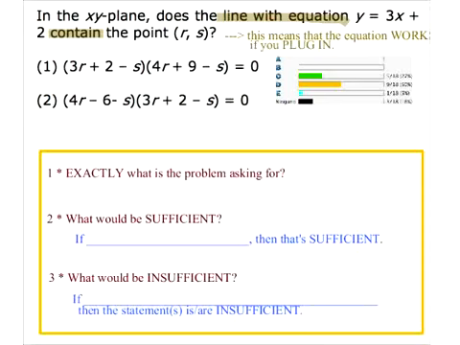So if you plug in R, S, that means S equals 3R plus 2. So this is almost not even a coordinate geometry question, because as soon as you figure this out, you can ignore coordinate geometry for the rest of the problem.